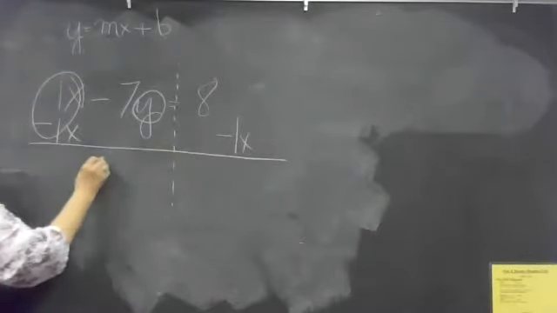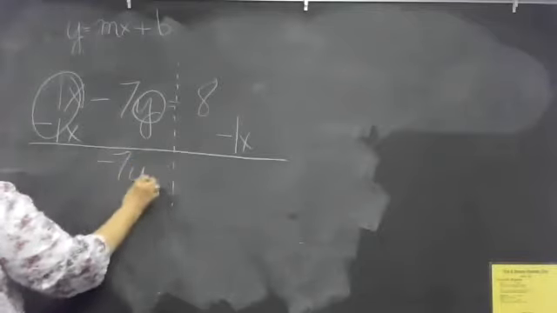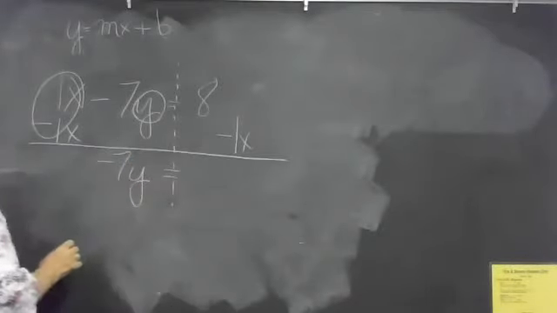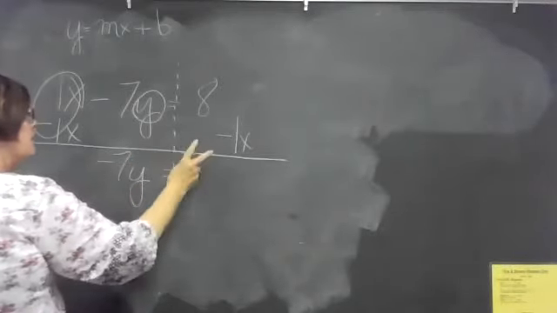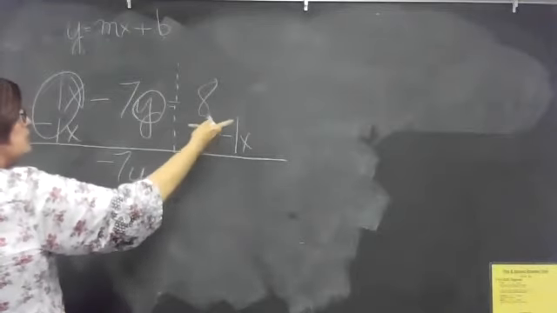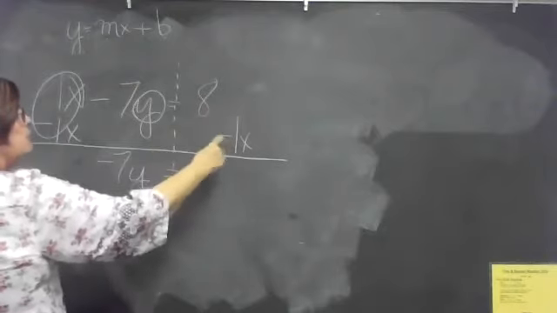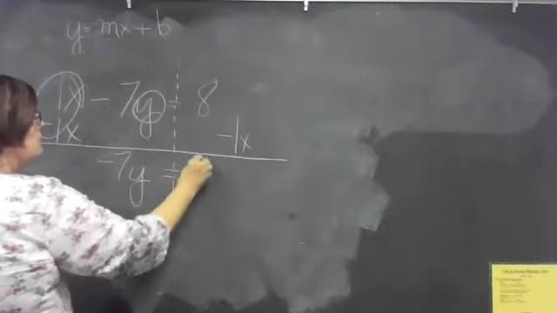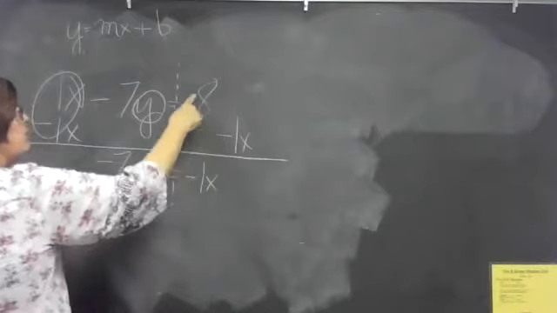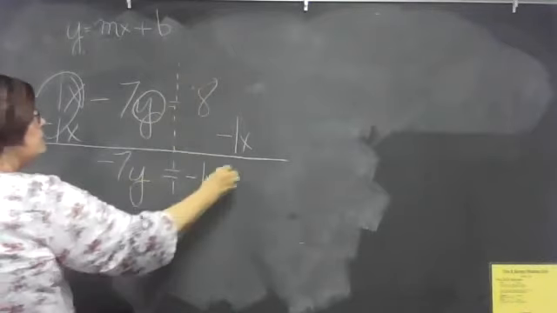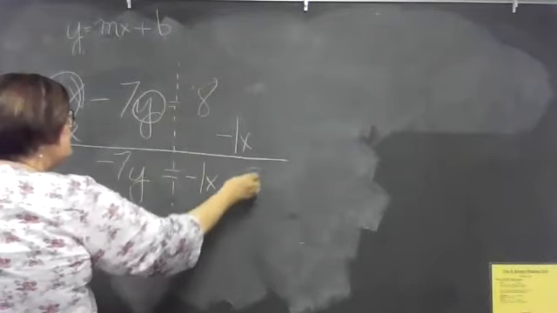So now I have negative 7y equals, and right here, if you want to do the switching before the answer, you can switch it right here. You can put the x first, and this is a positive, it doesn't have a negative in front, so it's plus 8.